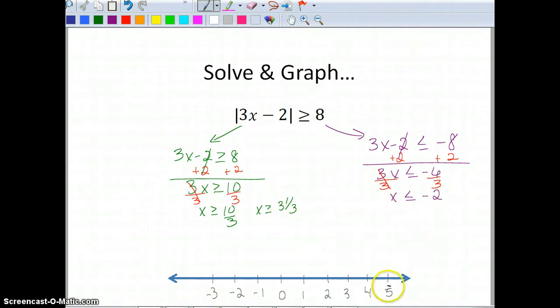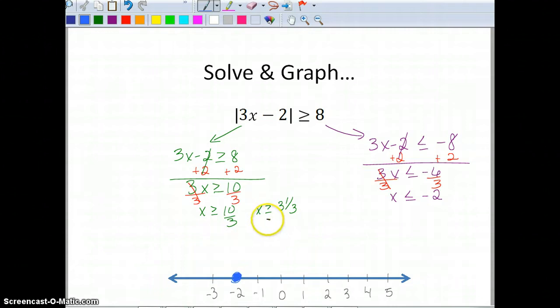So I have to make sure those are contained on my number line. Let's graph negative 2 first. So I know I'm going to have a closed circle because I have less than or equal to. This little bar under there tells me I need to fill in my circle. So at negative 2, I have a closed circle.